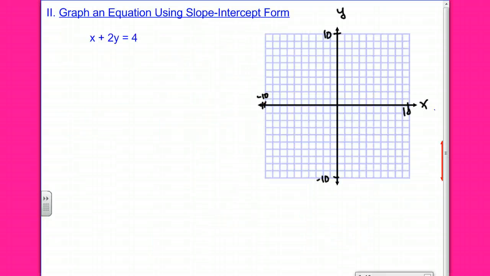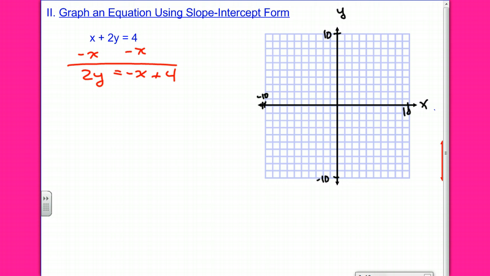Okay. Then let's graph using this form. So the equation is x plus 2y equals 4. Brandon, help us. Okay, you would subtract the x from the 4. You would have 2y equals negative x plus 4.